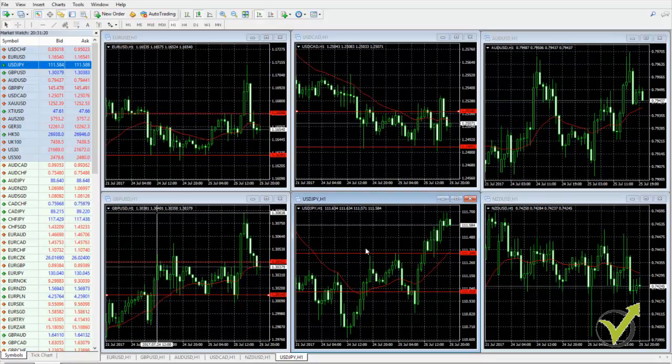So let's see dollar yen, where it is. This is 10 o'clock, so basically this is where London opened, and dollar yen you can see reversed after London opened. So this is the lowest point it went, and the yen is actually pretty weak against the dollar today.